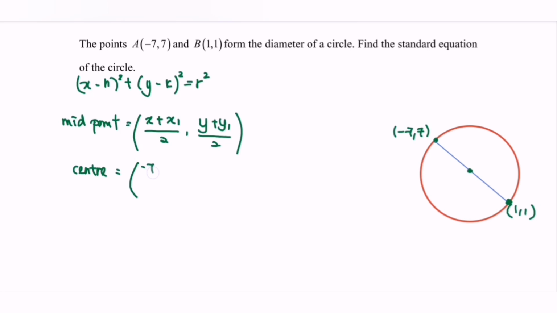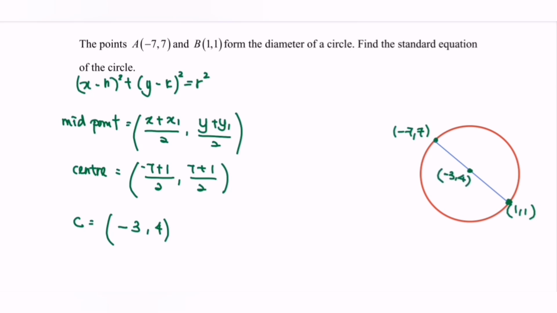So -7 plus 1 over 2, and 7 plus 1 over 2. From here, the center will be -7 plus 1, where we have -6 divided by 2, so we will have -3. 7 plus 1 over 2, and we will have 4. So in here, the center is -3, 4.